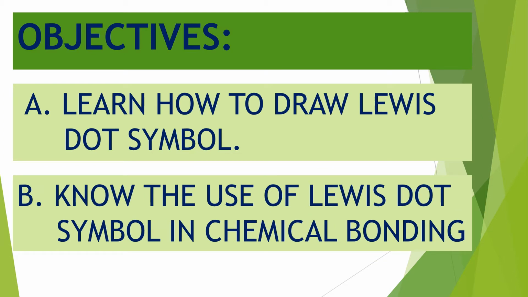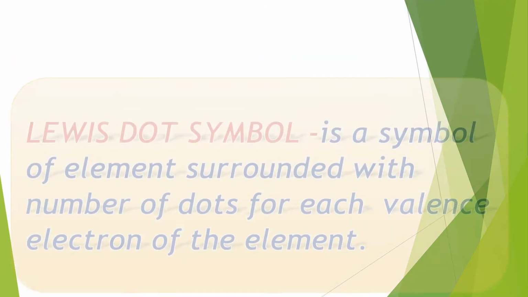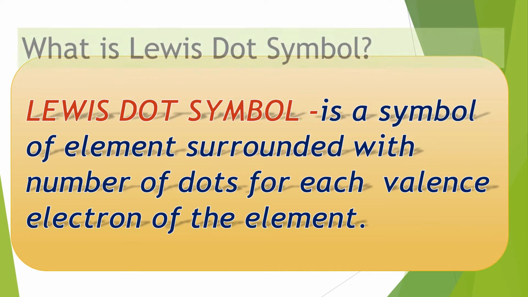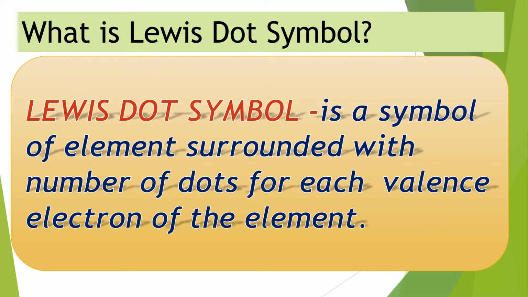B. Know the use of Lewis dot symbol in chemical bonding. What is Lewis dot symbol? Lewis dot symbol is a symbol of an element surrounded with a number of dots for each valence electron of the element.